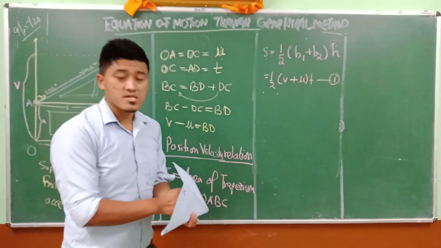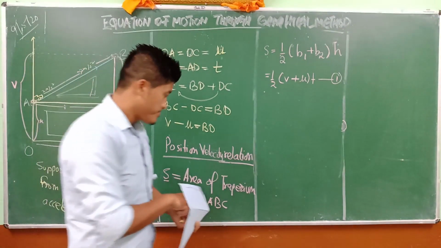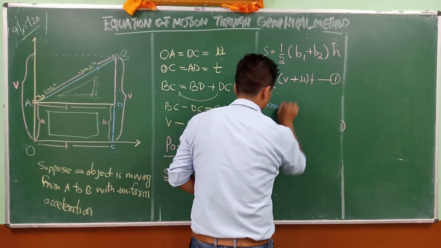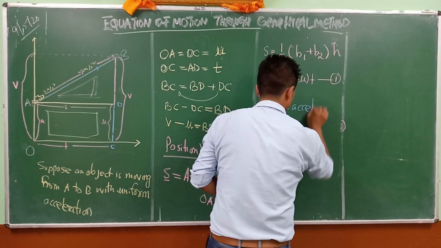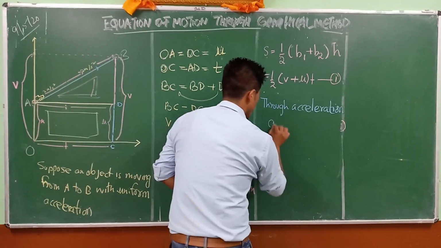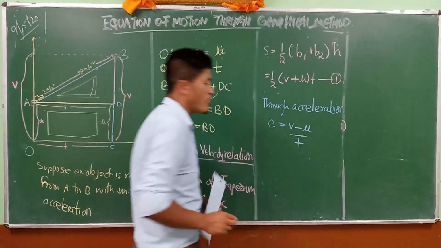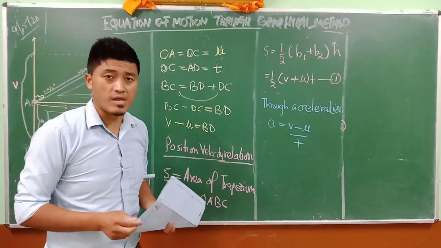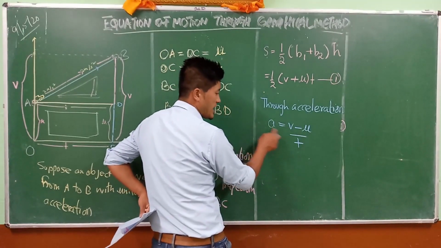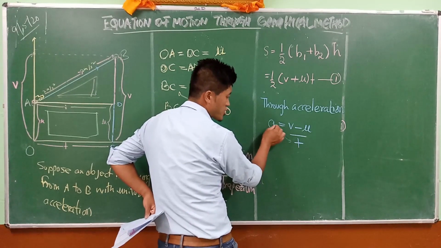Again we are going to use the equation of the acceleration, right? Through acceleration, A is equal to V minus U upon T. This is the formula which we knew already, right? So now in this case, what I'm going to do is shuffle the A and T. I'm going to send this A down here, and I'm going to send this T on top here.